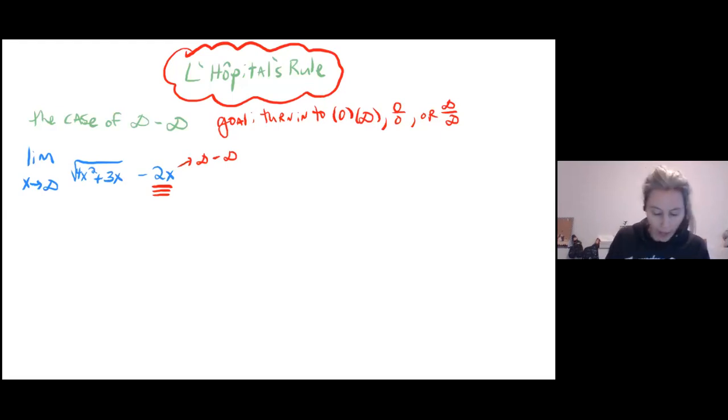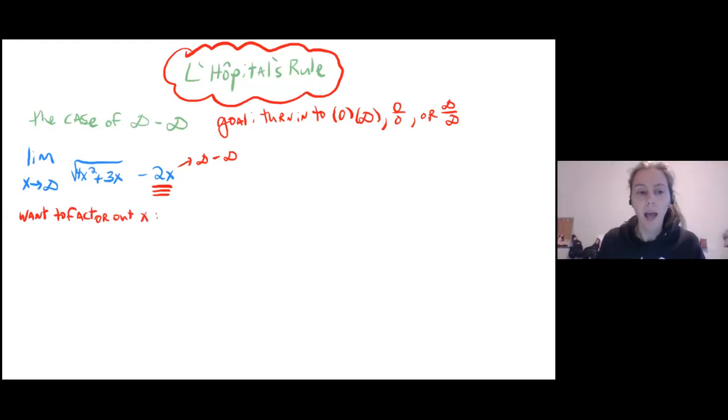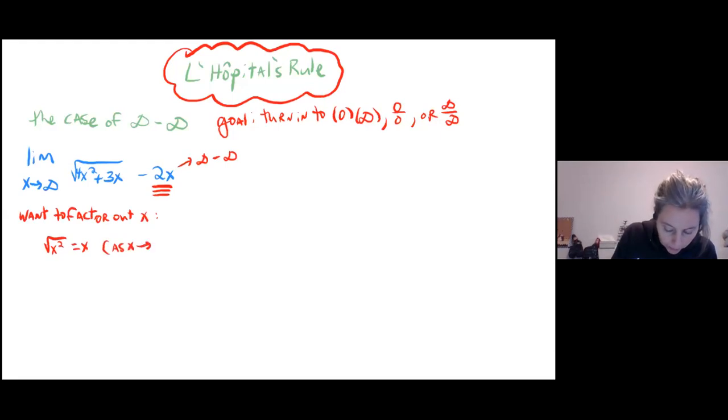In order to do that, I need to think of what x means inside of a square root. So what I know is that the square root of x squared is equal to x as x goes to infinity.